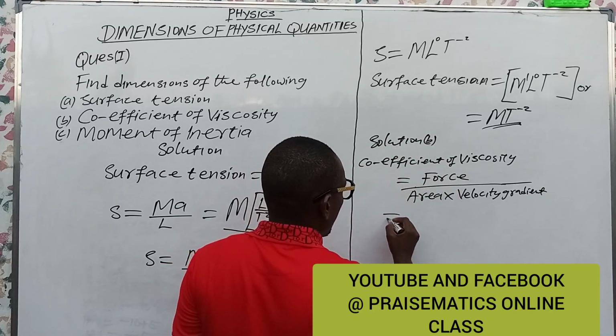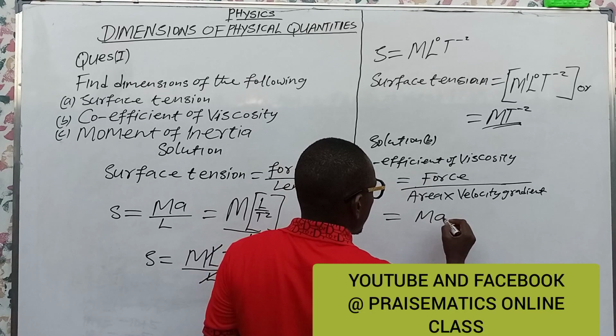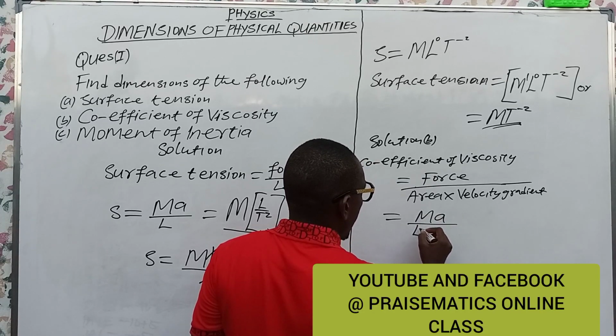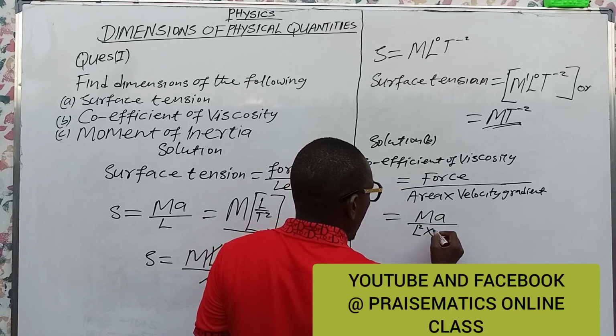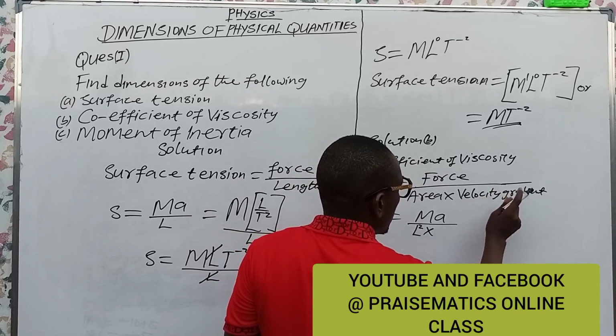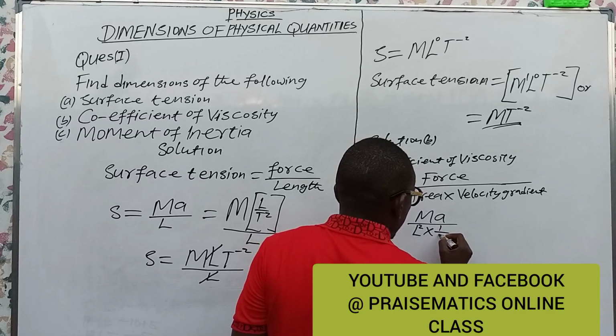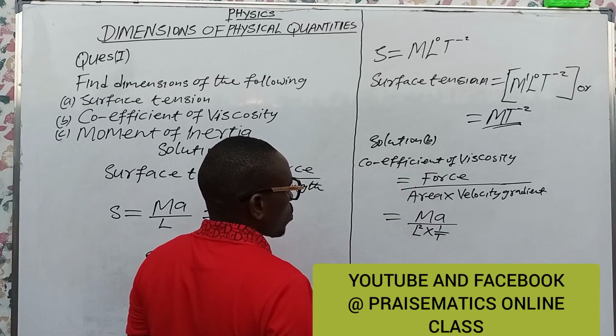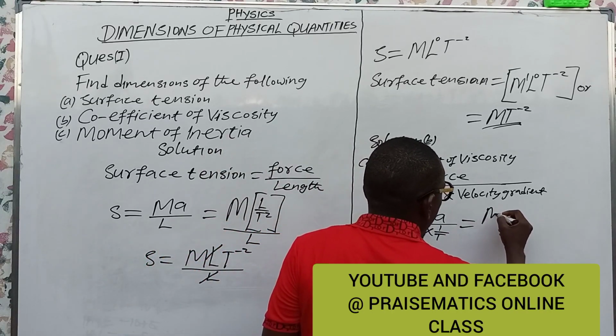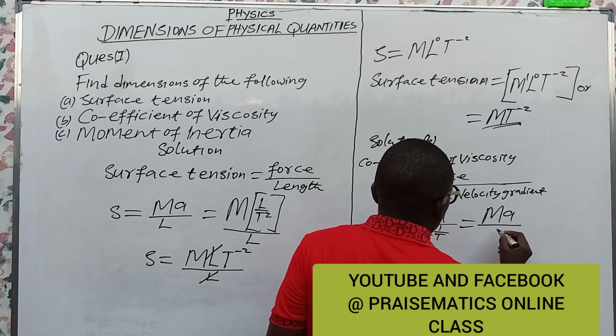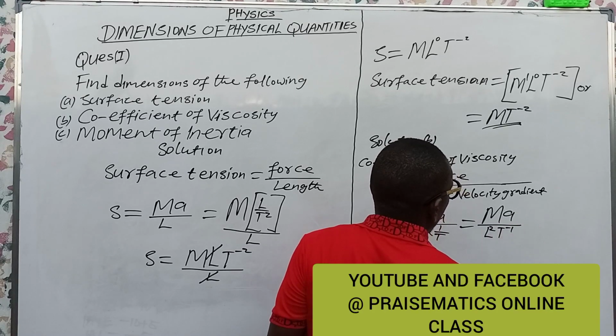Now, force, we know that force is MA. Area is L raised to power 2. Velocity gradient is defined as 1 over T. This is the same thing as saying MA all over L power 2 T power minus 1.